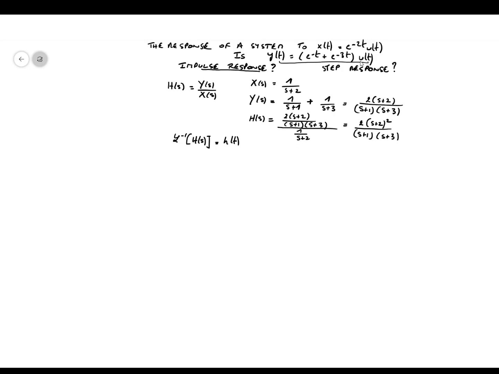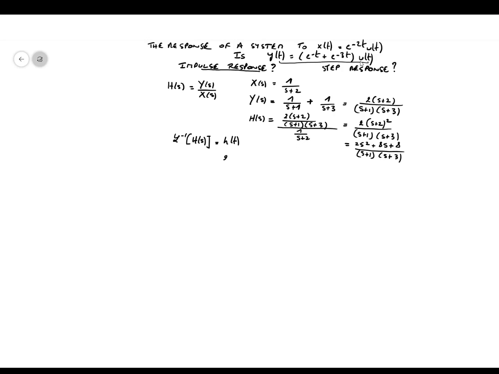So before we do the inverse Laplace transform, we have to do Euclidean division. Okay, so this one we can write it as follows. It's 2s squared plus 8s plus 8 divided by s plus 1 s plus 3. Okay, so let us do this Euclidean division.